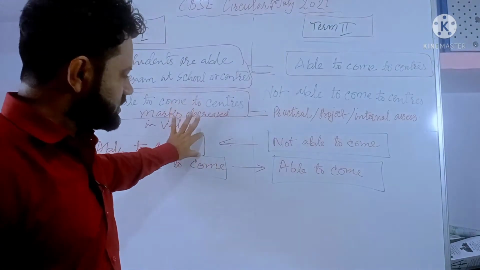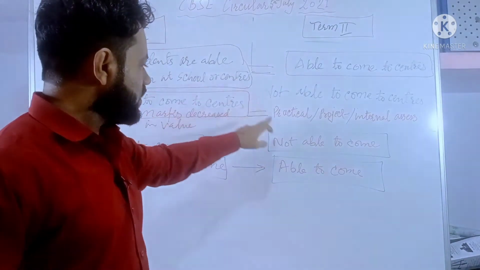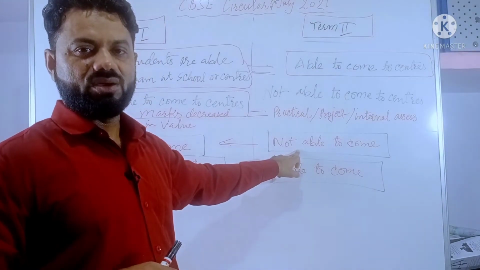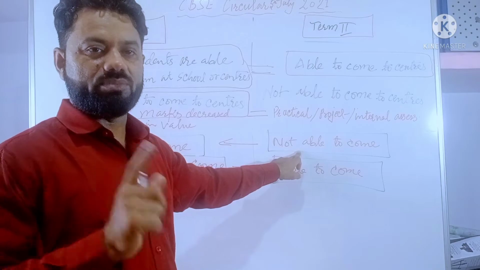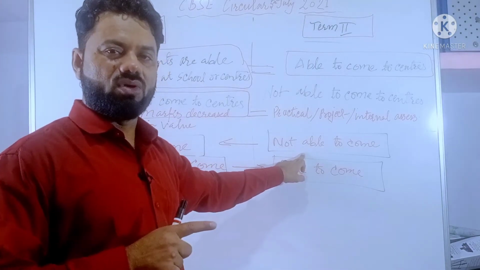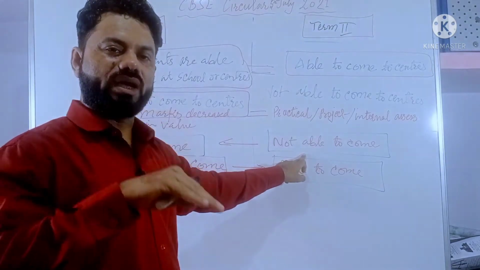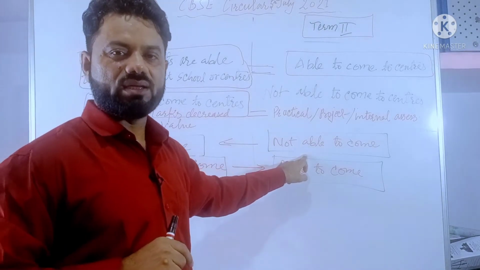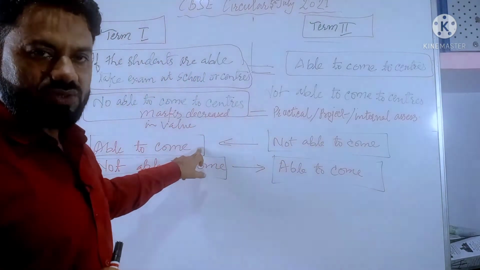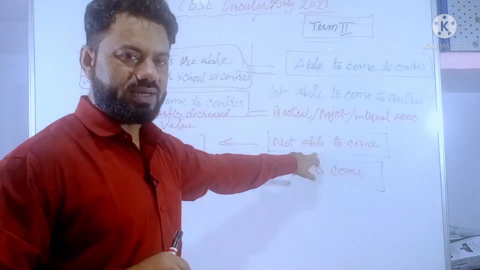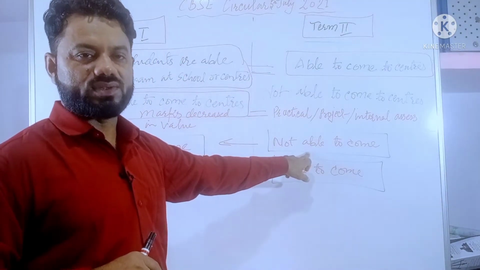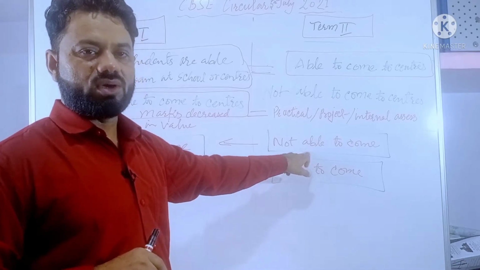A student reaches the center in the first term, but is not able to reach the centers later because of the pandemic, not intentionally, not deliberately by himself, but declared by the board because of the situation caused by pandemic COVID-19. The value of the second term will be decreased if students are not able to reach the centers allotted by the board.